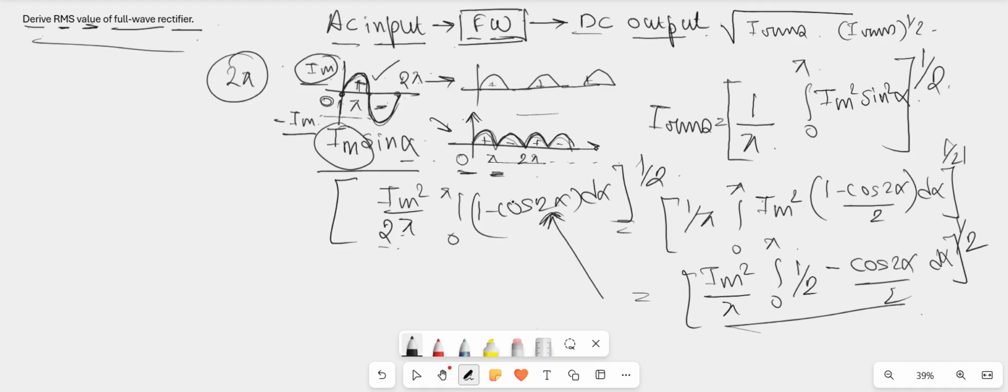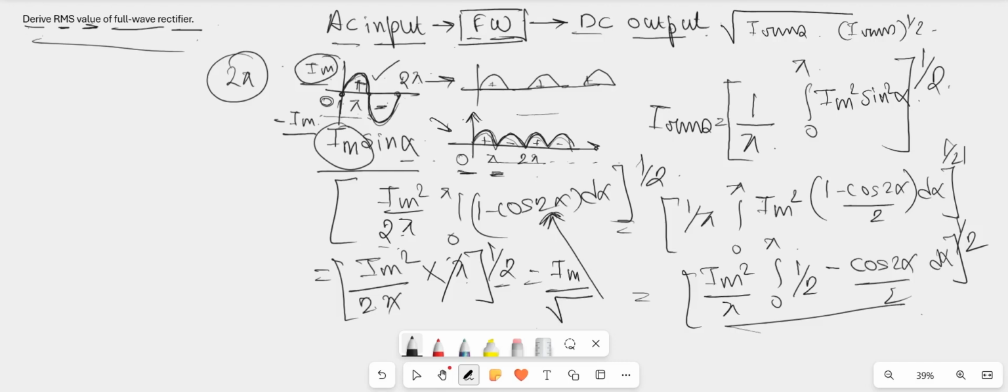If we do the entire integration, we will get Im square divided by 2 pi into pi, to the power half. The pi will cancel each other, and we will be left with Im square by 2. If we take the square root of it, we get Im divided by root 2.